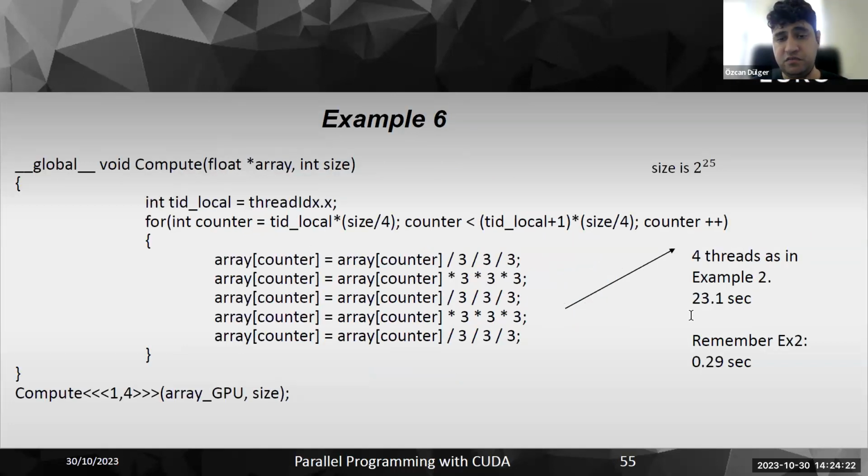In the second approach, we can try to distribute the workload of the for loop to four CUDA threads, like in example 2. Remember, in example 2, we create 4 threads and distribute the workload of the for loop to these 4 threads by using OpenMP. Here, we create 4 CUDA threads, and again we distribute the workload of the for loop to these CUDA threads.